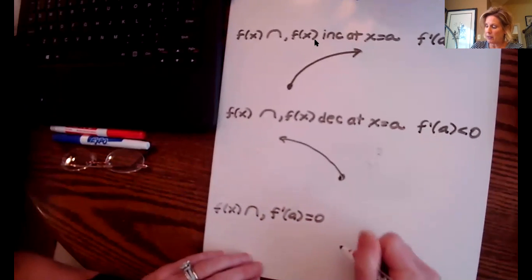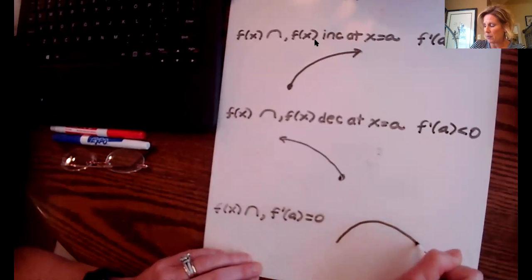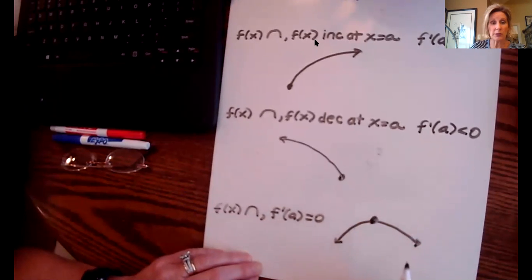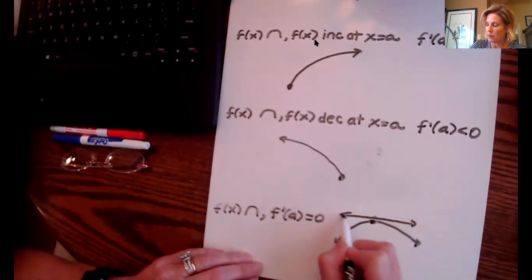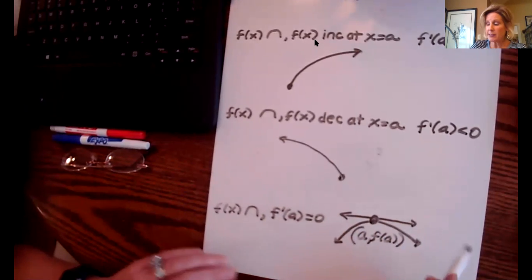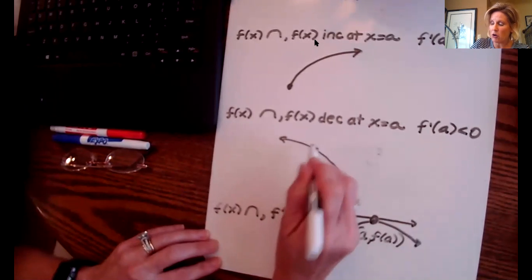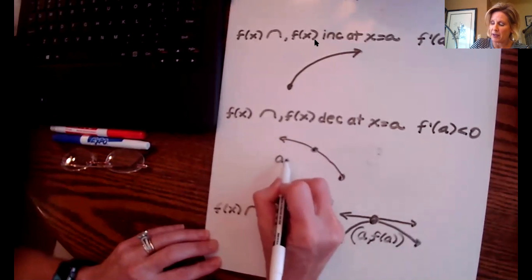So this would be the case where maybe I have a piece of a function that looks like a parabola, but at x equals a, my tangent line is horizontal. So let's call this point of tangency a, f of a. Let's call this point of tangency also a, f of a.